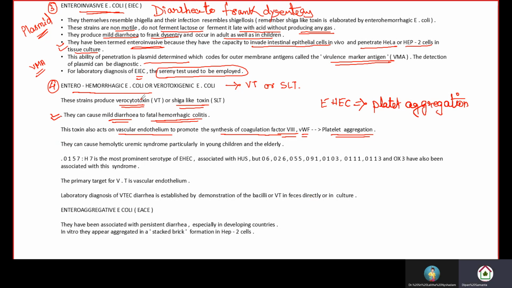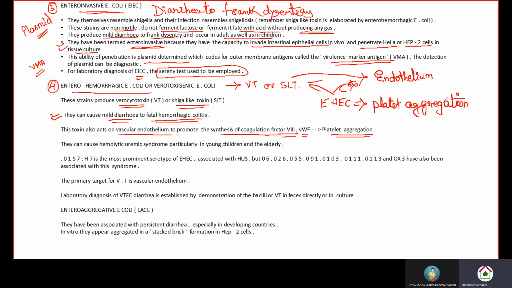Because the toxin produced by EHEC, enterohemorrhagic E. coli, is VT or SLT, verocytotoxin or Shiga-like toxin, and this toxin acts on endothelium, the vessel endothelium, and subsequently what will happen?